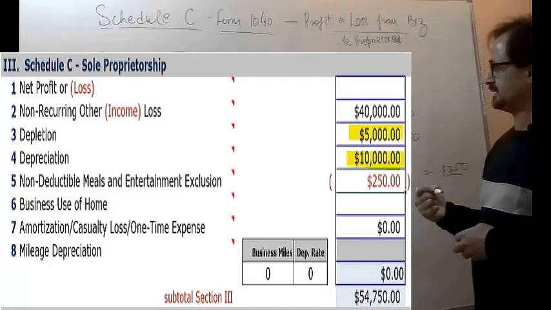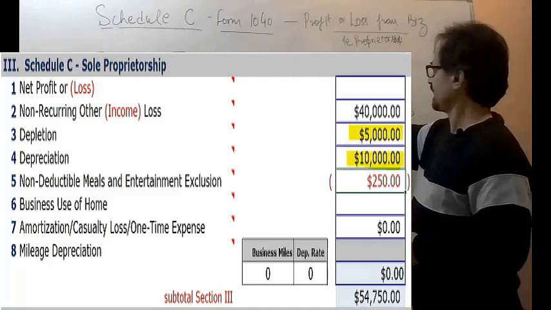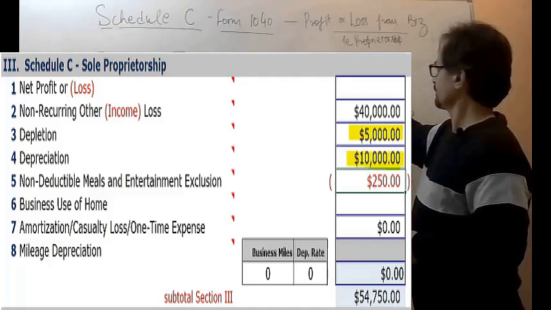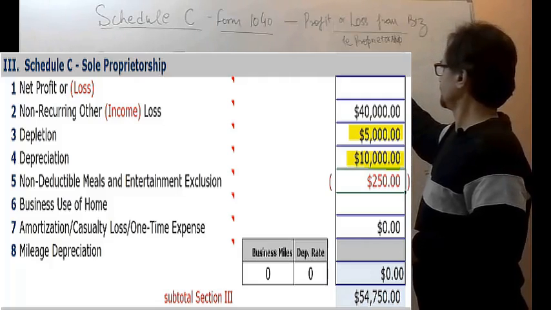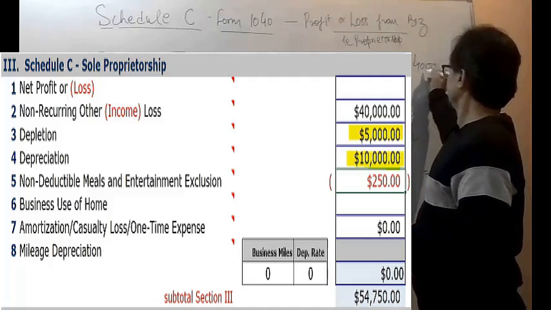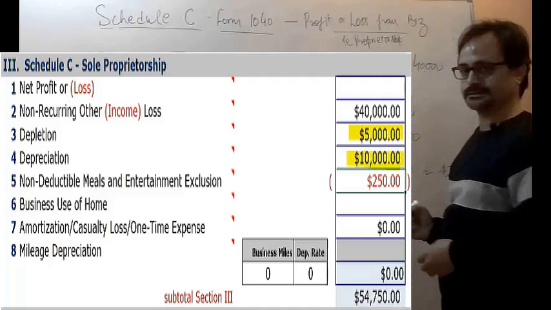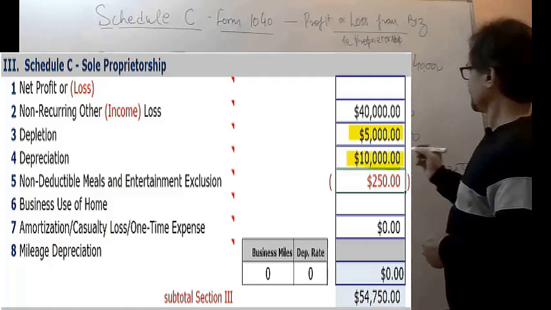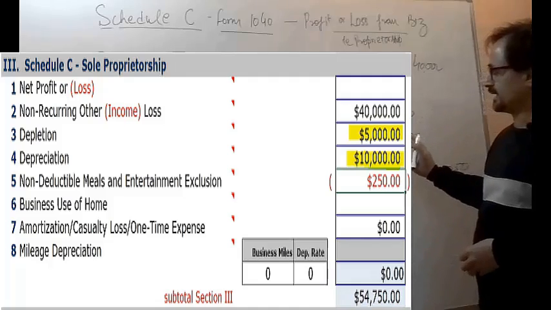So let's see what we were doing. We had gross income on line number 7 as $40,000. Now we came to the expense column.